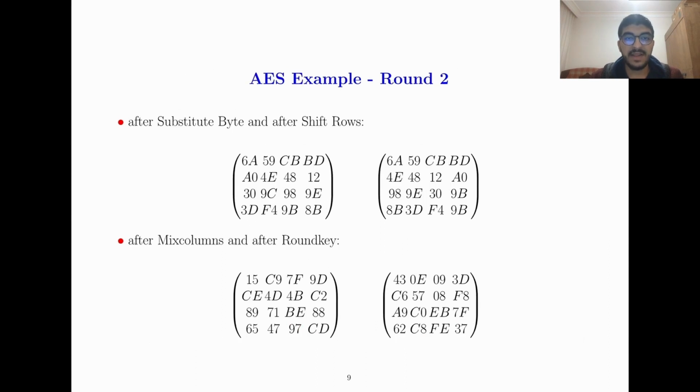Then we are doing the same operations in the same order: substitution bytes, shift rows, mix columns, and add round key in each round.